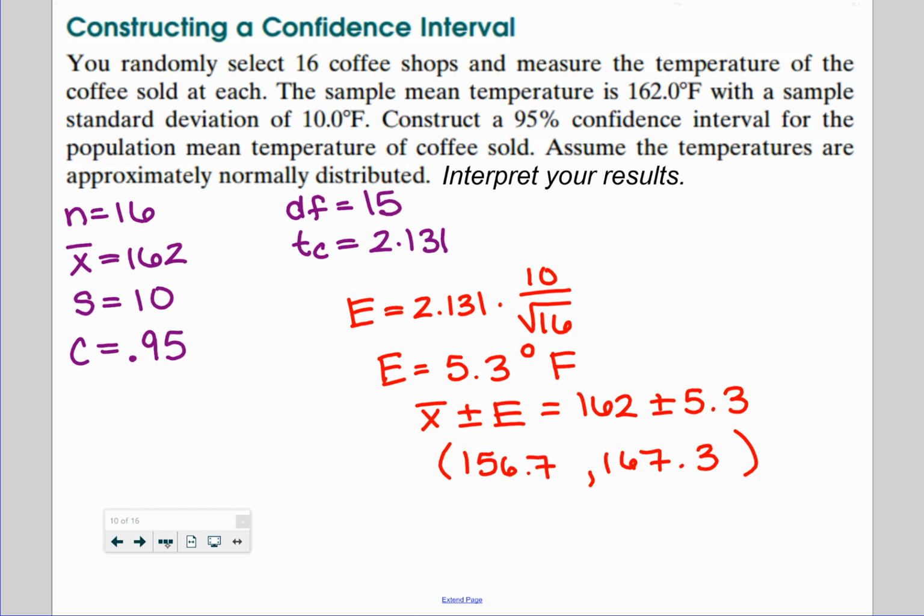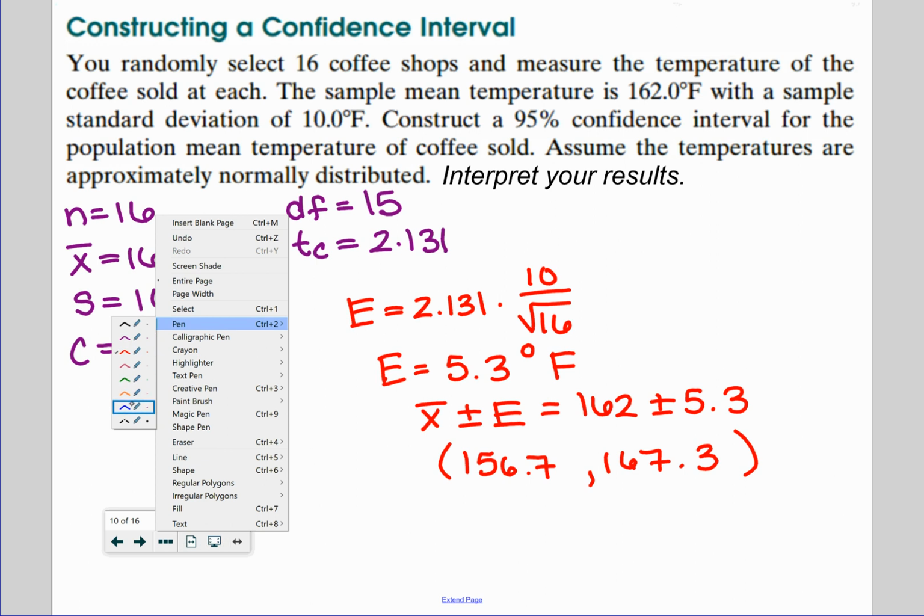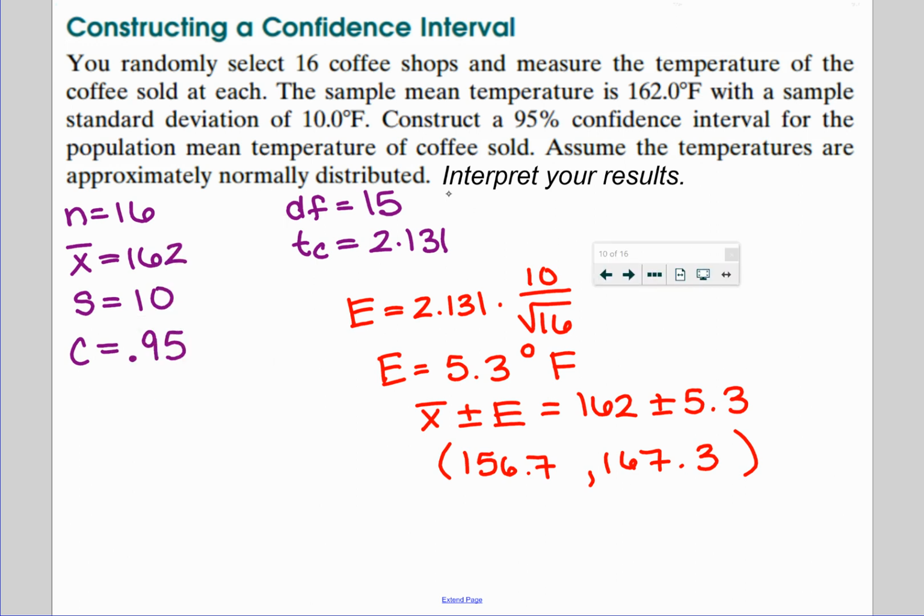Remember, the confidence interval is estimating, again, the population mean. So when we go to interpret our results, we want to be thinking about what we are estimating. Remember, there were two ways to word this. We can say we are either 95% confident, or you can say there is a 95% probability.